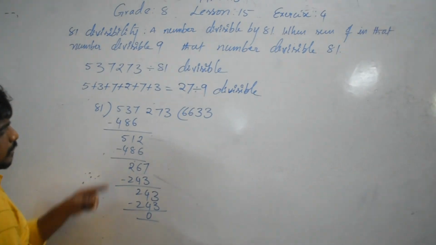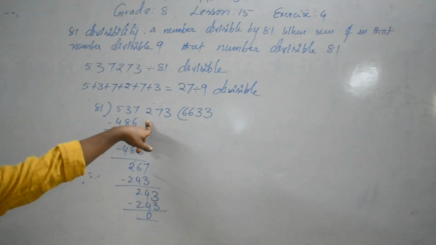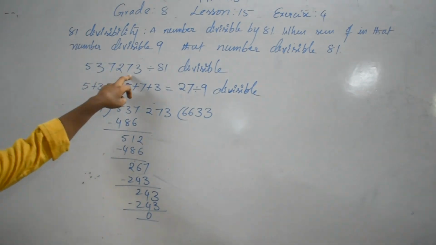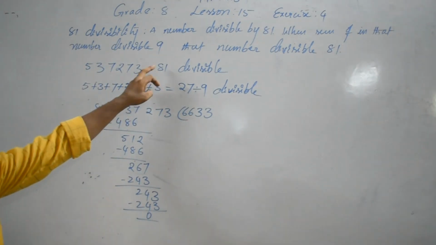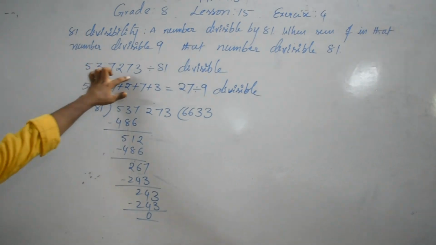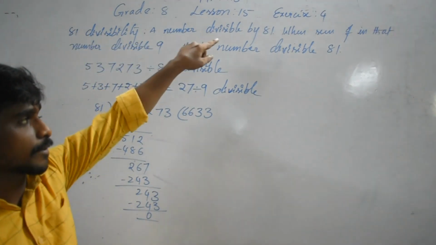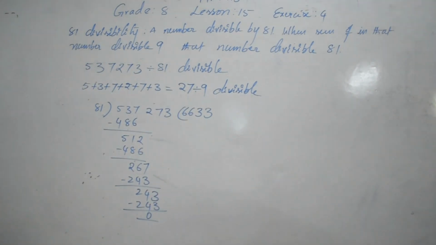So divisible or not divisible? Divisible. So 573273 divided by 81: the sum of all digits is divisible by 9, so that number is also divisible by 81. That is the 81 divisibility rule.